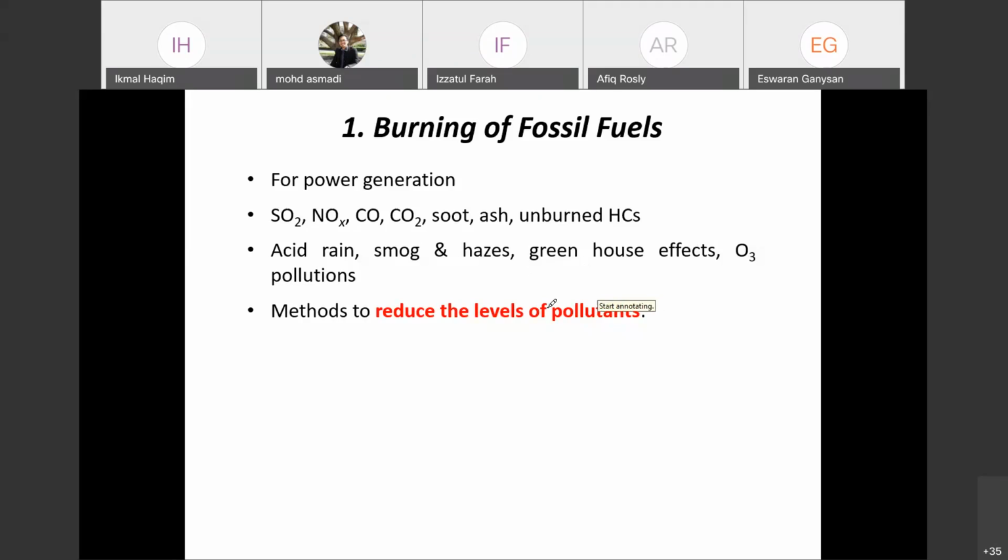Can anyone suggest a method to reduce the level of pollutants? Maybe you can write in the Padlet.